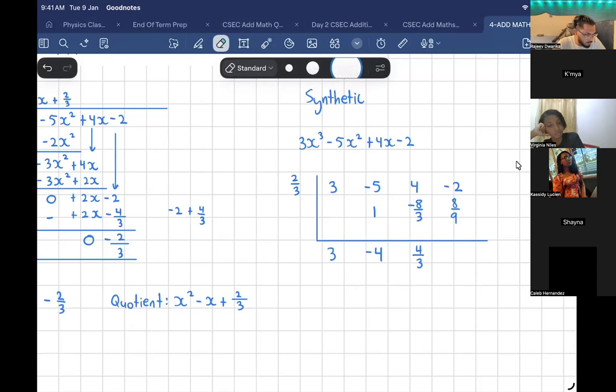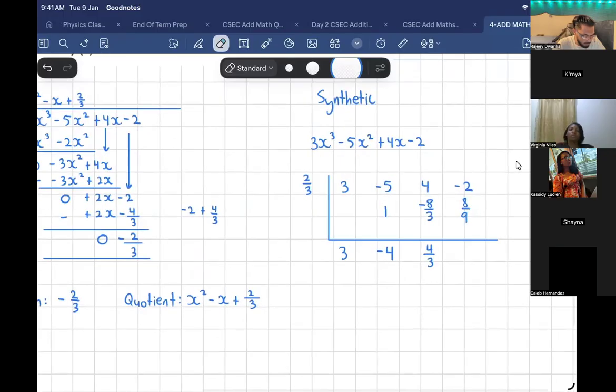I'm sure it's not, but where you just showed me 3x minus 2 and it's 2 over 3, that is just for one x, and these are x's to different powers. For 2x, 2 over 3 is for one of the x's.